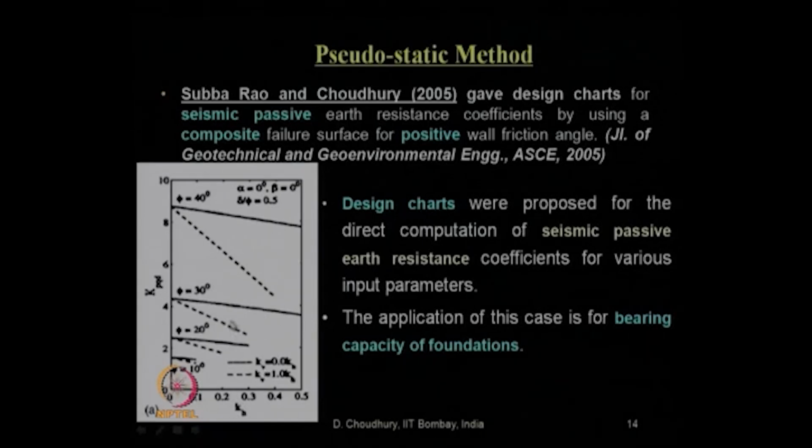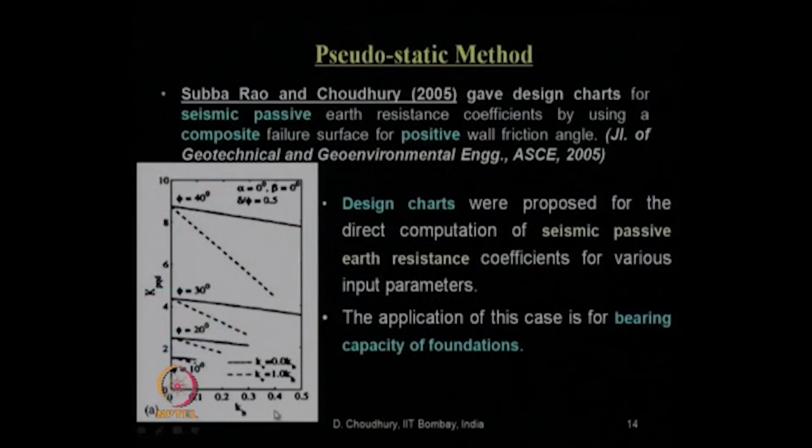So, how people can use it very easily for a particular seismic zone in India or anywhere in the world, they should get what should be the input parameter of design value of kH, maybe based on design basis earthquake or something like that, to estimate kH value and kV value.